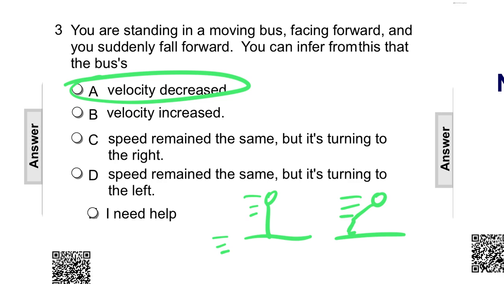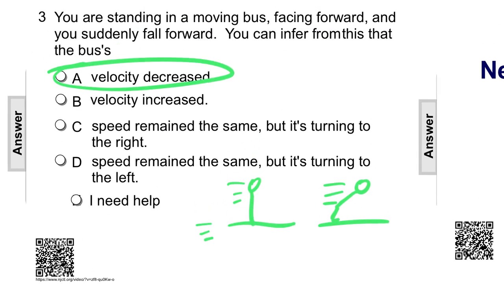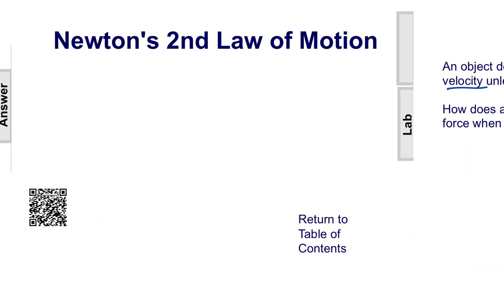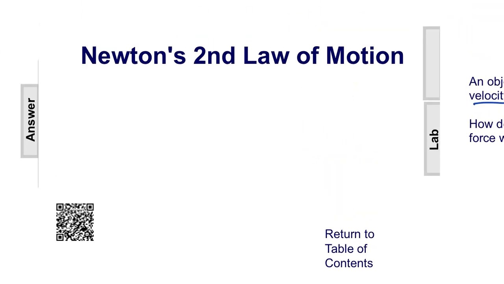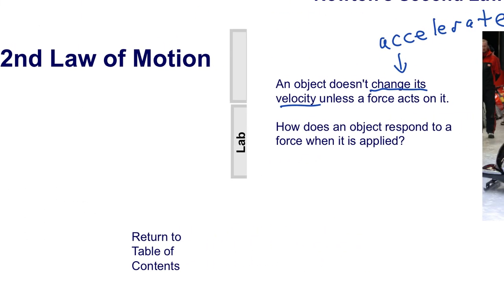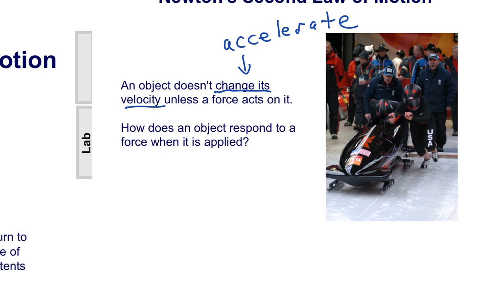Okay, so let's go to the next page. Newton's second law of motion. Well, Newton's second law of motion takes up where the first law ended. So we already know this. Before I talk about the second law, let's just point out a few things we know.